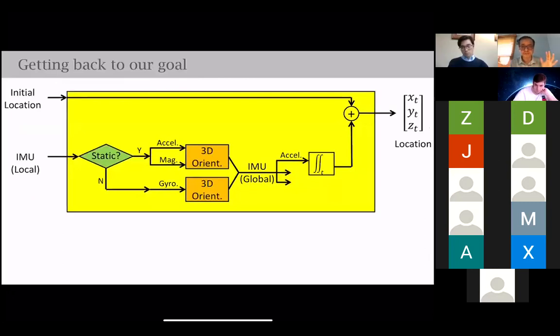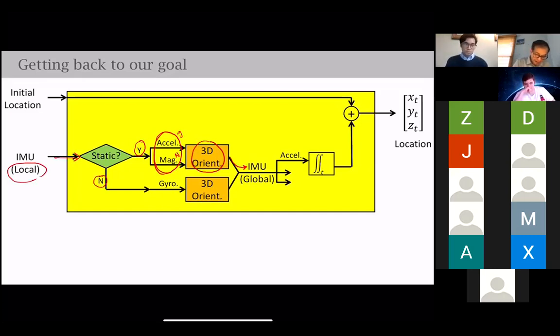So let's visit the full pipeline now for motion tracking with IMU. Your IMU local coordinate frame data comes in. You first ask, is it static or not? If it is static, then you use accelerometer and magnetometer data, basically gravity and north, to compute 3D orientation, and you then get IMU global.